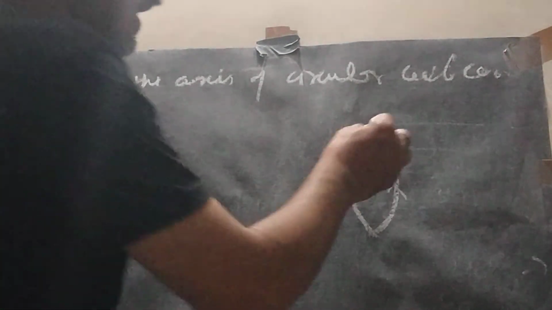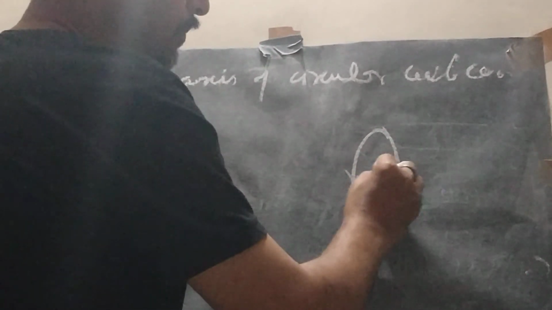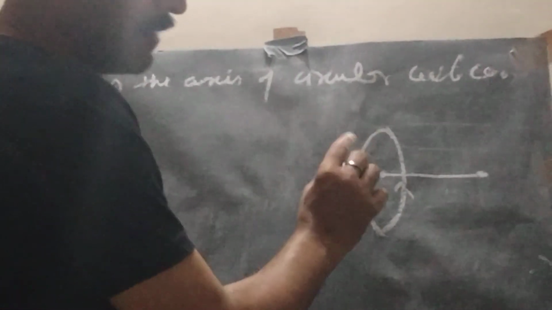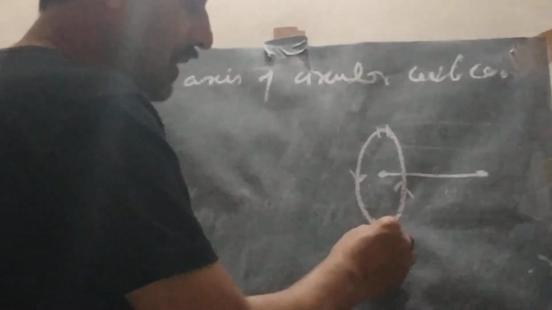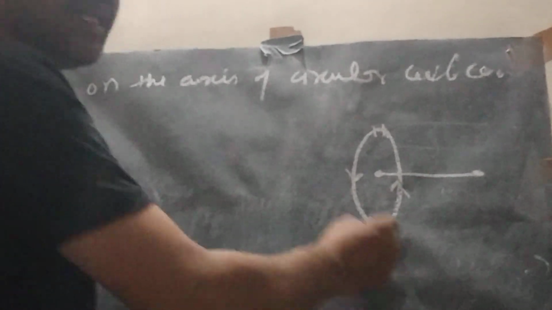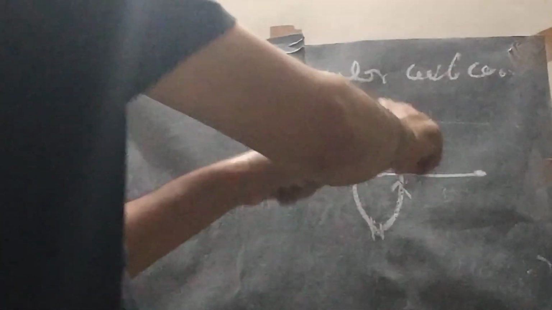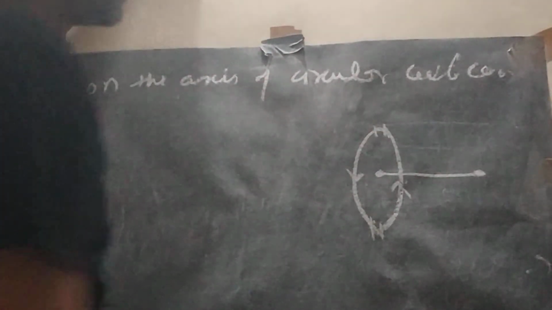From the symmetry of this diagram, here is a point P on its axis. We can consider a current element here, and similarly, due to symmetry, there will be a current element on the opposite side. So symmetrically, the magnetic field due to these current elements will cancel.